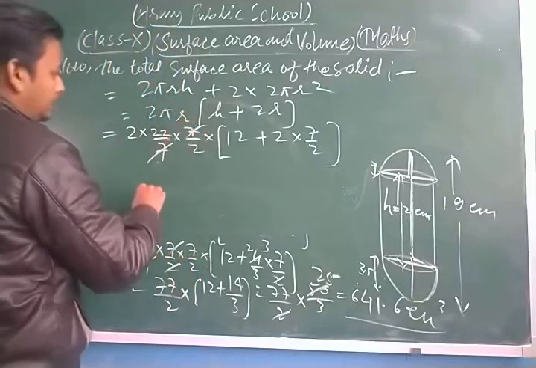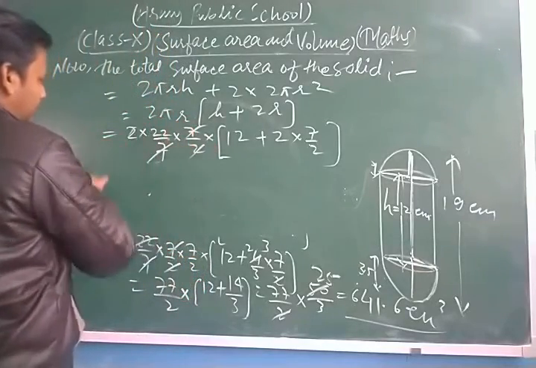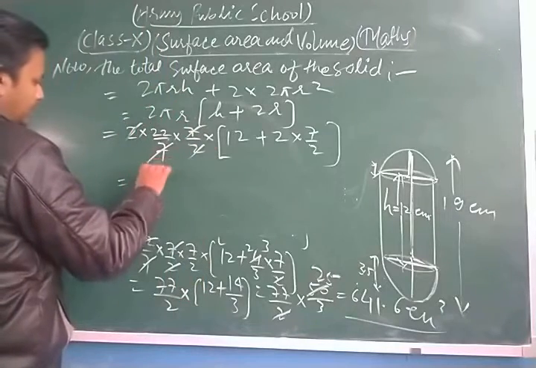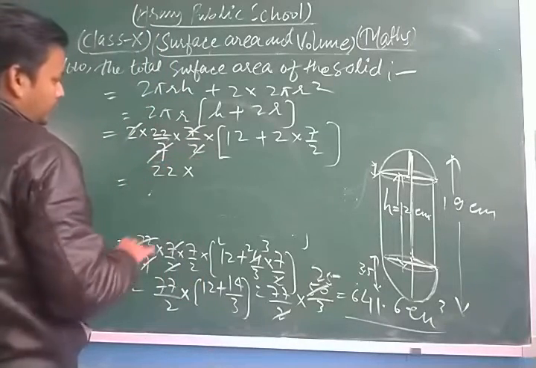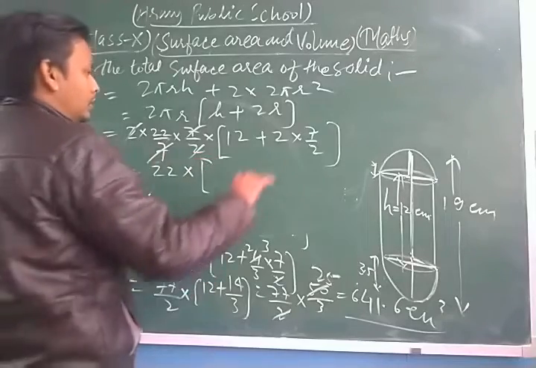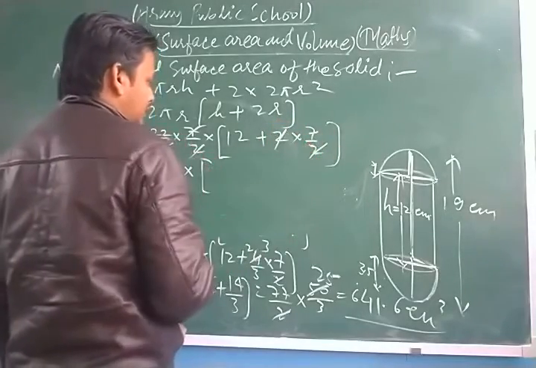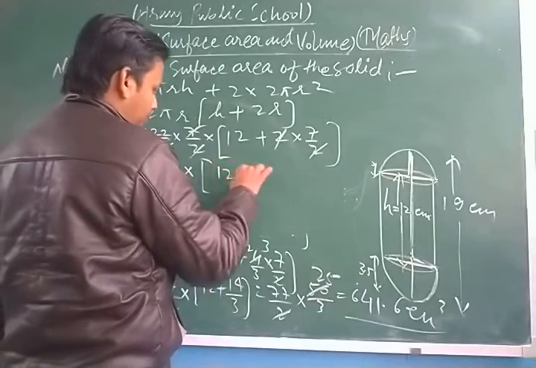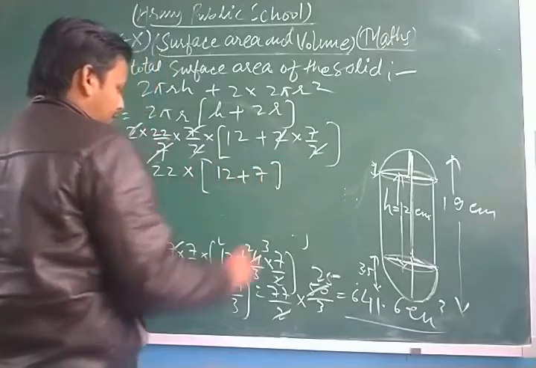Now look. 7 is cancelled with 7, 2 is also cancelled with 2. So we get 22 into 12 plus 7, that is 19, na?